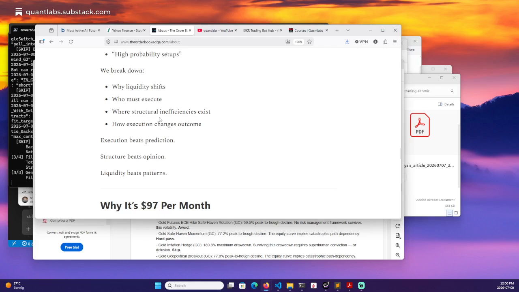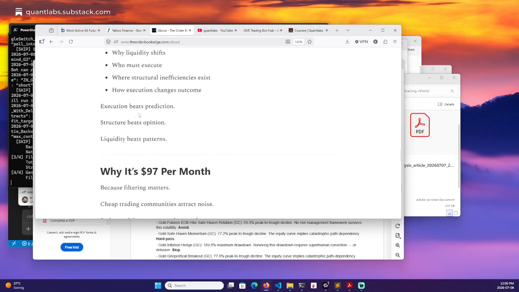So what we're looking at here is arbitrage, which is a clear one, and the execution outcome. So again, you can see execution beats prediction, structure beats opinions, and that's important too, because when you go on to YouTube and all the other social media, it's just opinion. Unless they have a track record and a verifiable third party track record, that opinion is pretty well worthless.